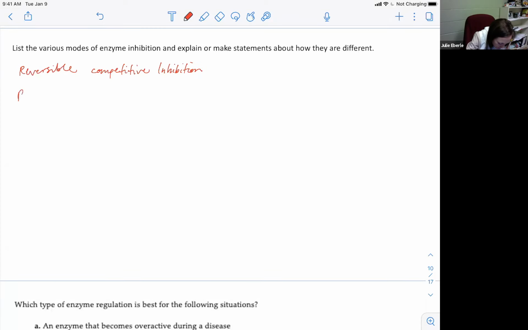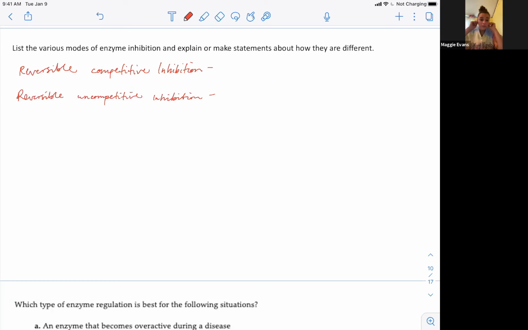And there's reversible. So how are these two different?